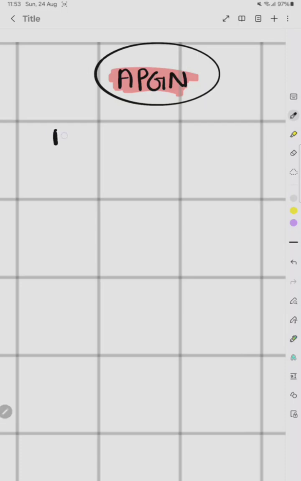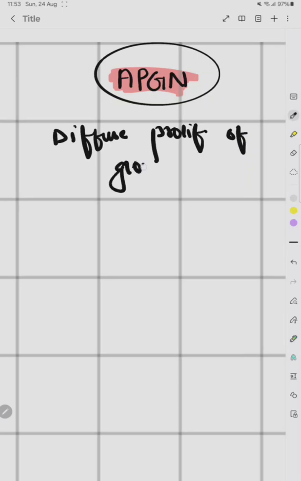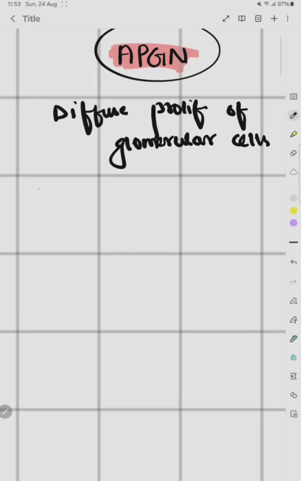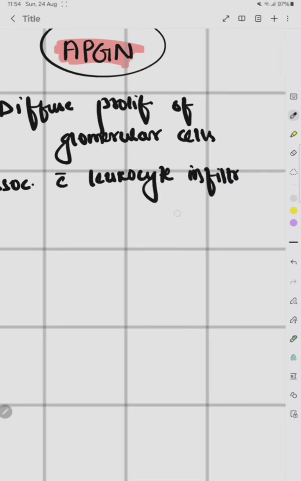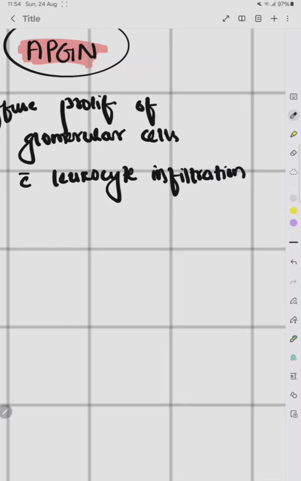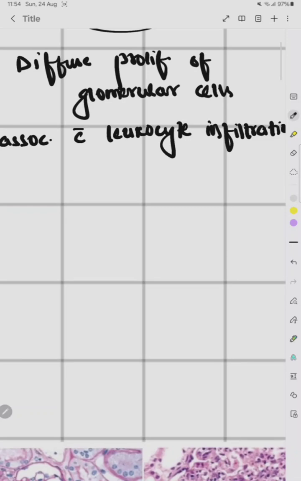Diffuse proliferation of glomerular cells accompanied with leukocyte infiltration. Now, the triggering factor for this leukocyte infiltration is an immune complex. Immune complexes.